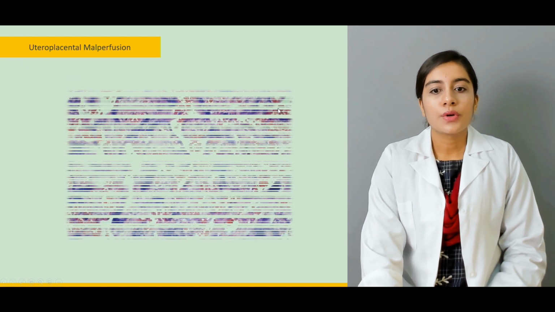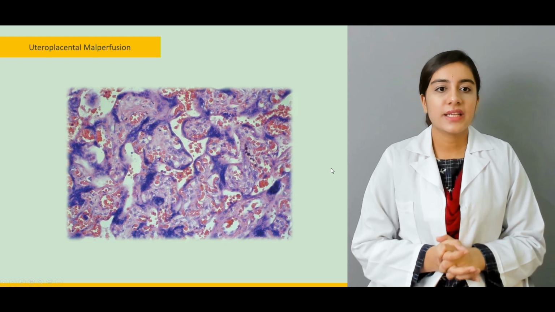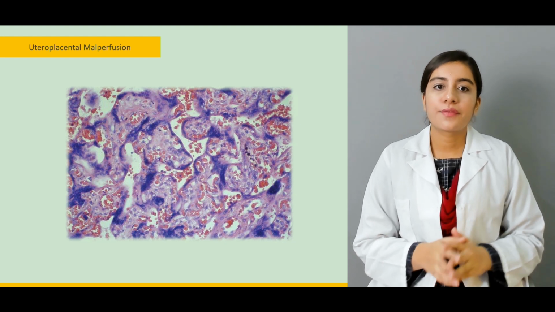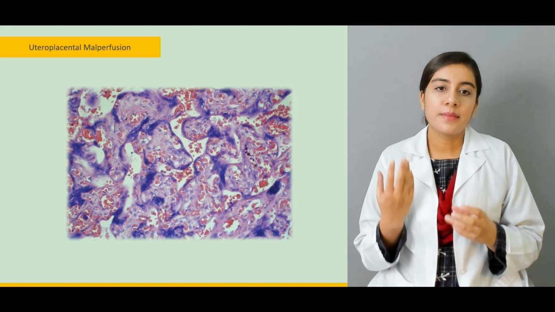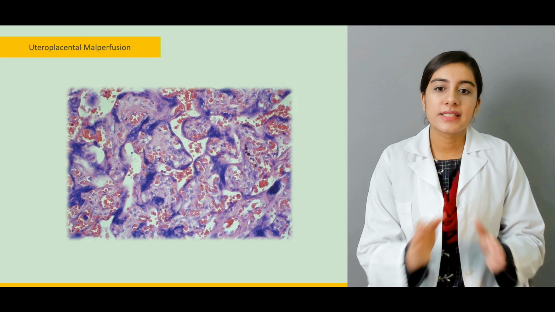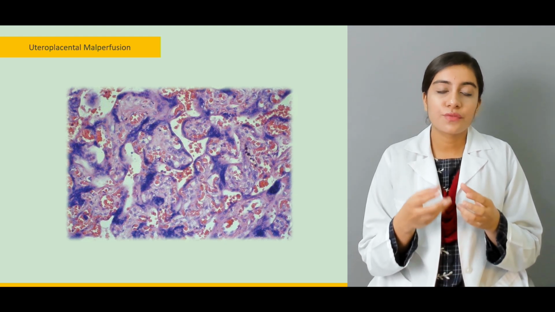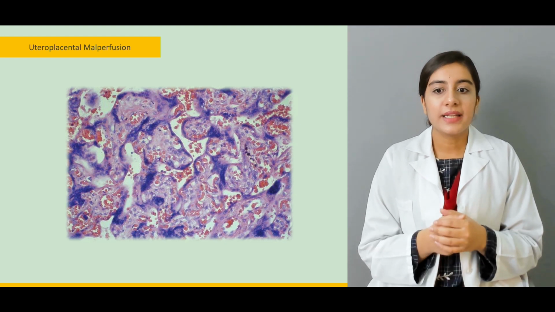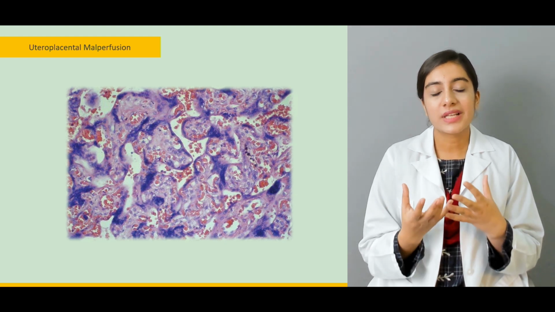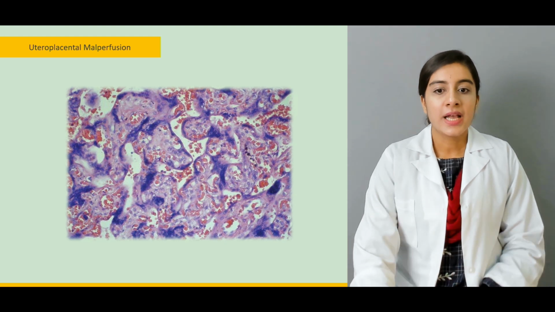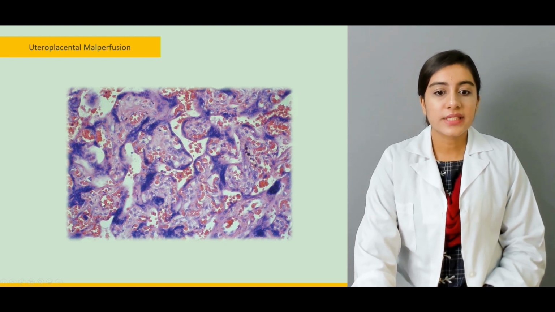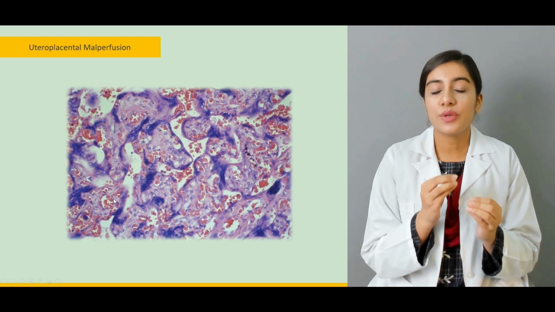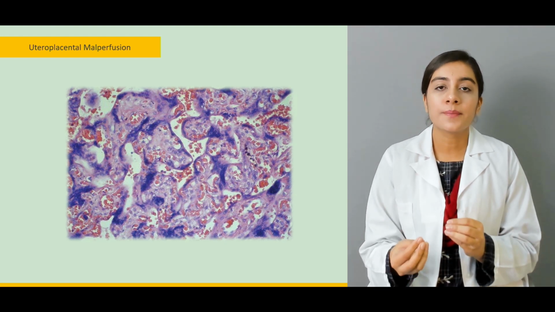Okay, so the last thing that we will be discussing is the uteroplacental malperfusion. Uteroplacental means that from uterus to placenta there is malperfusion, and we can say that the syncytiotrophoblasts, basically the cells, are dysfunctional over here, and they show us the appearance of tiny Barker changes that are bulbous in structure and are responsible for reducing the lumens of the vessels, hence causing the malperfusion in the fetus.